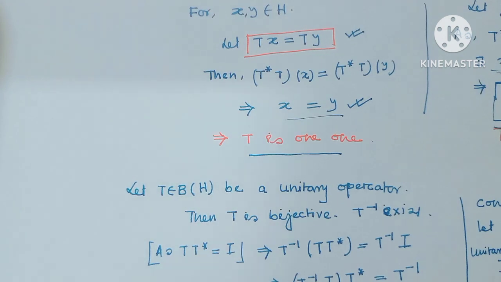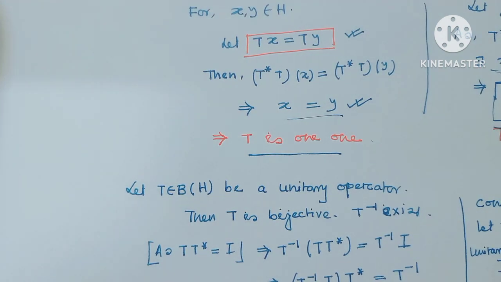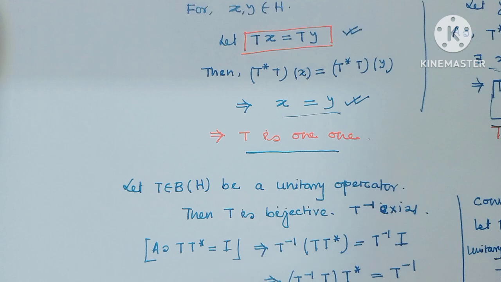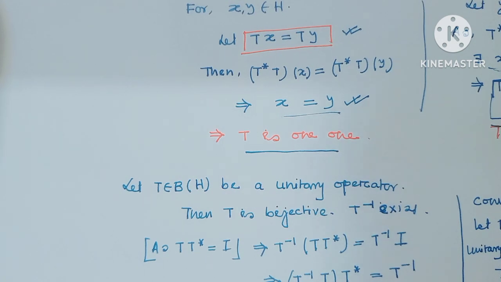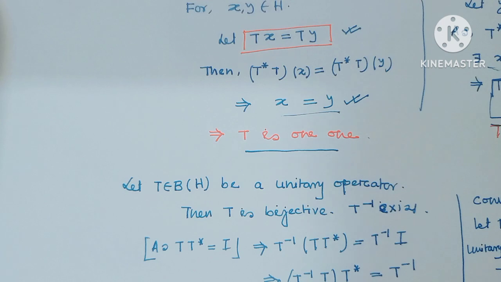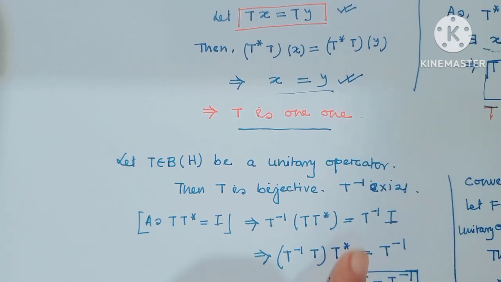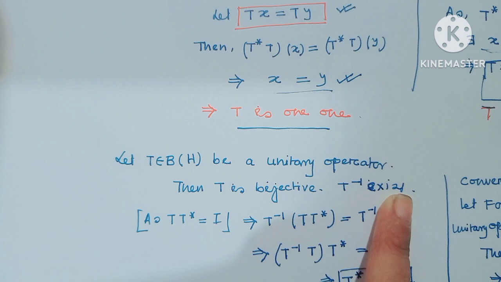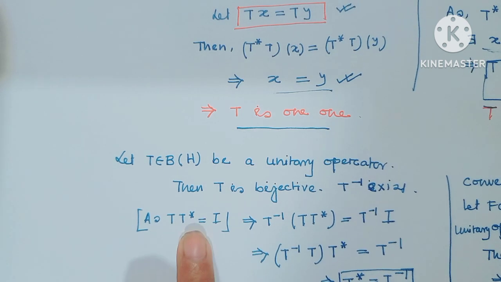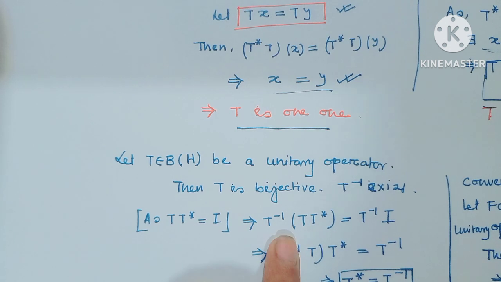Next, let T be a bounded operator which is unitary. Then obviously T is bijective, and now we have to prove that for a unitary operator, which is bijective, the adjoint operator is actually its inverse. This is because since T is bijective, T inverse exists. As T T star equals identity, because this is a unitary operator, now multiply both sides by T inverse.